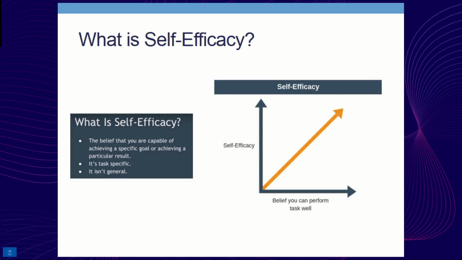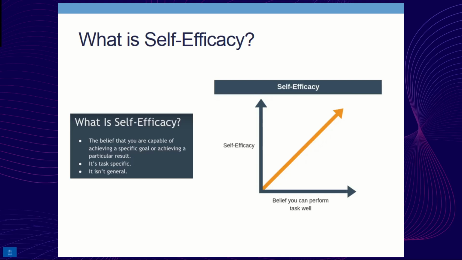The higher your self-efficacy, the more you will believe you are capable of achieving a task or goal. Conversely, the lower your self-efficacy, the less you will believe you are capable of performing a task. Why is this important to motivation?